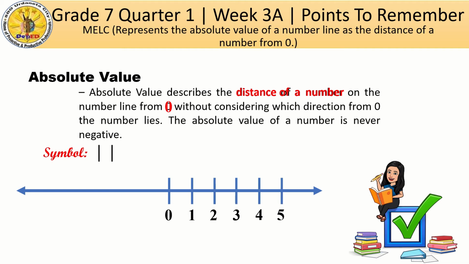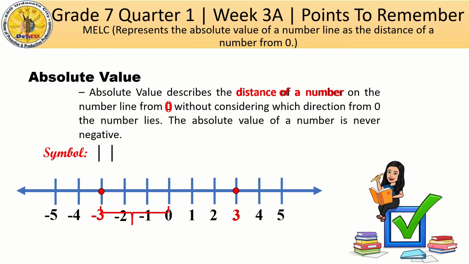Okay, so we have here a number line. For instance, we have the negative 3. What would be the absolute value of negative 3? And the absolute value of 3. So when we're talking about absolute value again, it has something to do with the distance of a number.